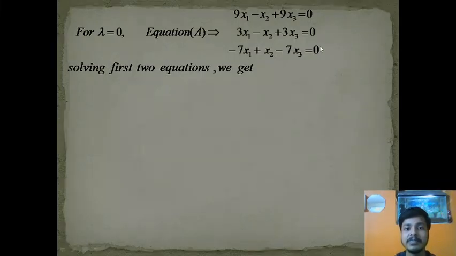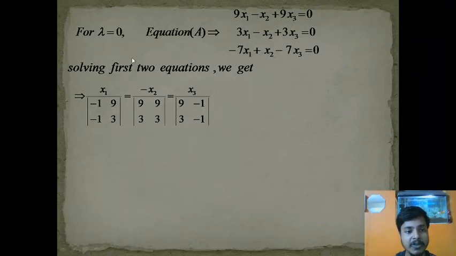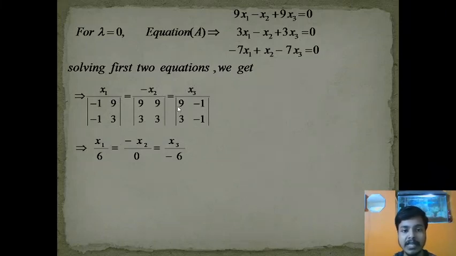So what is x1? x1 would be x1 upon determinant of minus 1 minus 1 9 3, minus x2 upon determinant of 9 3 9 3, and x3 upon determinant of 9 3 minus 1 minus 1. So we'll be getting this. Now solve the determinants. When you solve the determinants, what will we be getting? 6, 0, minus 6, minus 1 into 3 minus 3 plus 9 is 6, 63 minus 63 is 0, and here it is minus 9 plus 3 is minus 6.